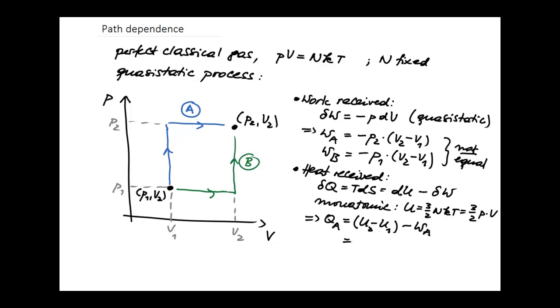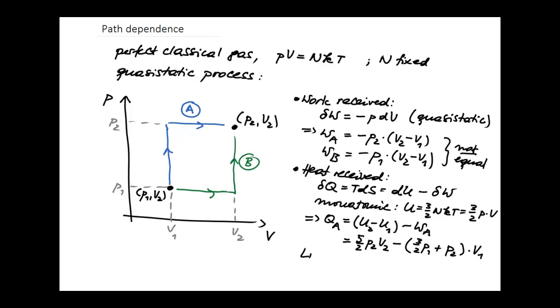For the internal energy, we can use the formula 3/2 PV. And for the work received along path A, we can use the previous result. You combine that, you find that the heat received is 5/2 P2 V2 minus 3/2 (P1 plus P2) times volume V1.